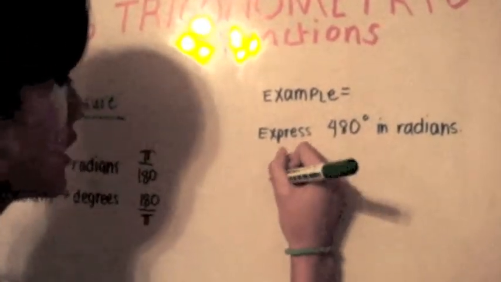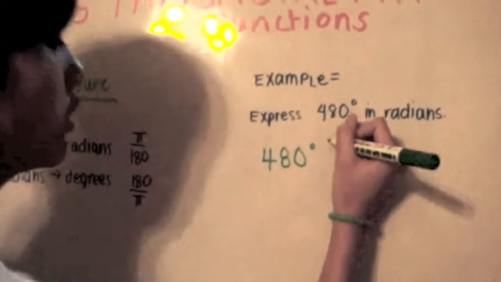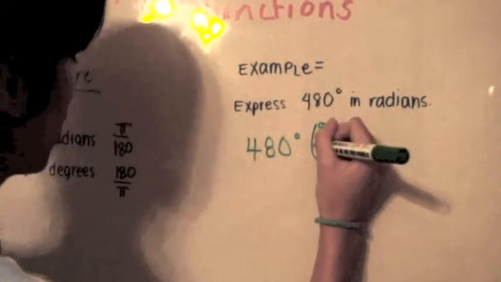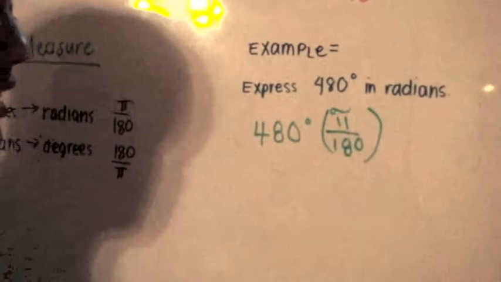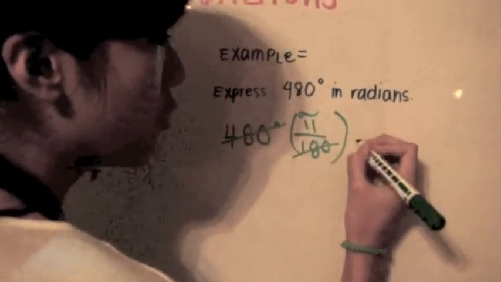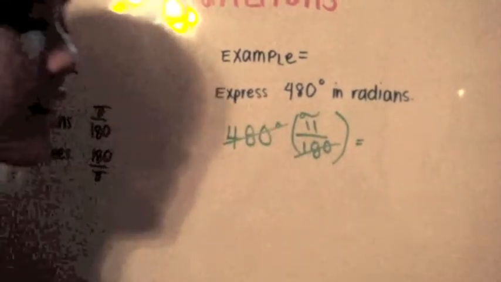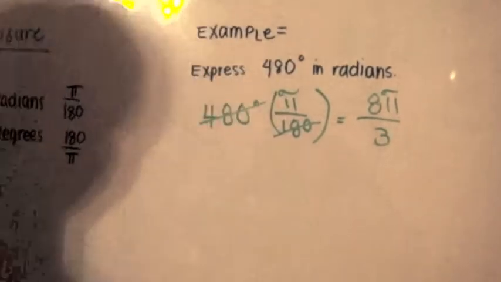So what you do is you multiply 480 degrees by pi over 180. What happens is you can cancel and multiply, and then you get 8 pi over 3.